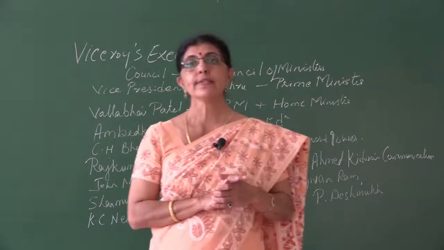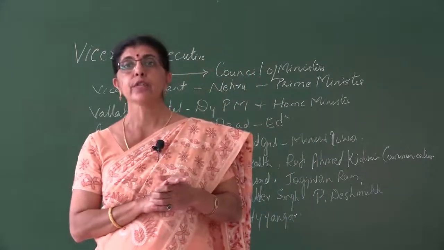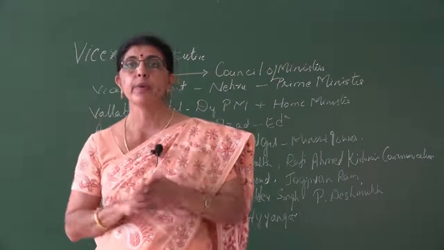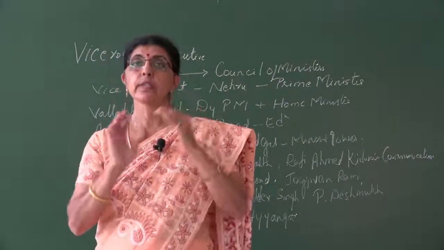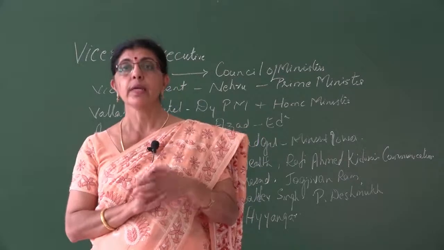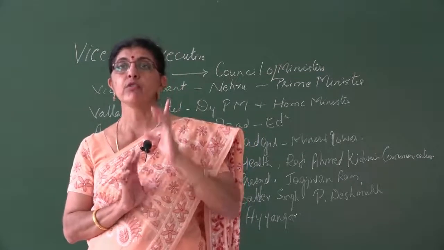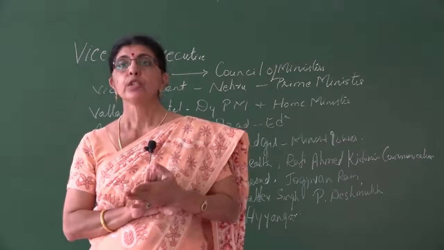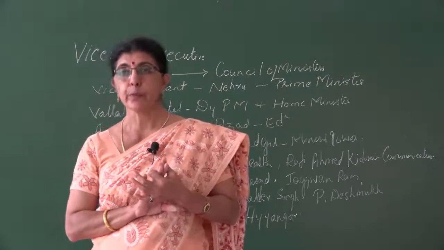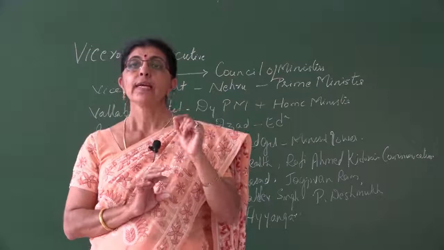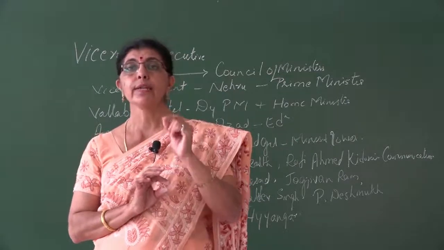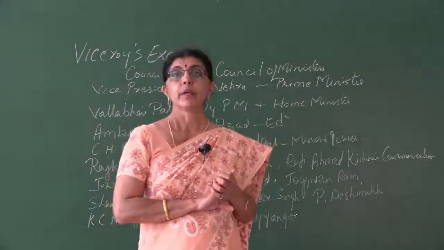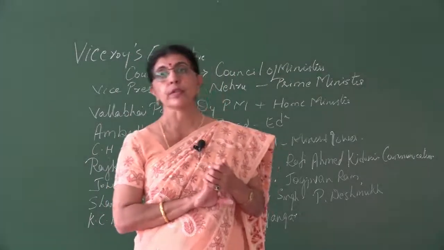On 26th January 1950, India became a sovereign democratic republic, and as soon as the Indian constitution was accepted, the first general elections were conducted. That was from 1951 to February 1952. They also specified that there shall be universal adult franchise. A new India became the world's largest democracy.